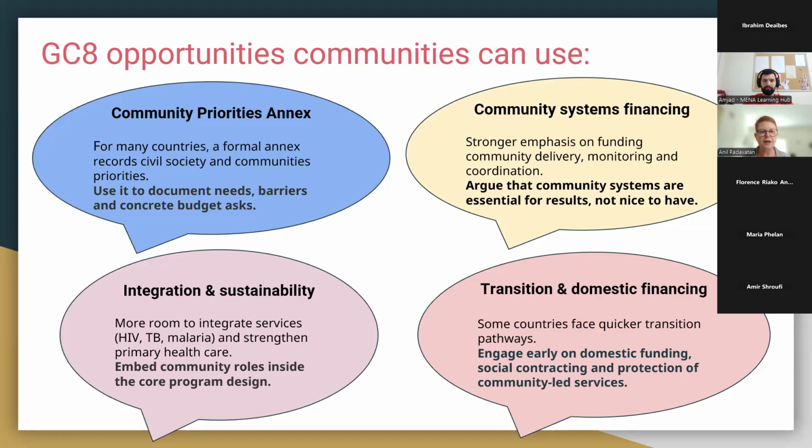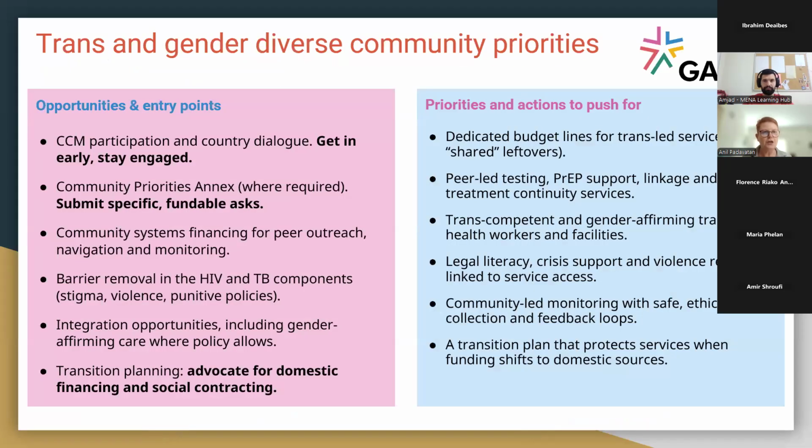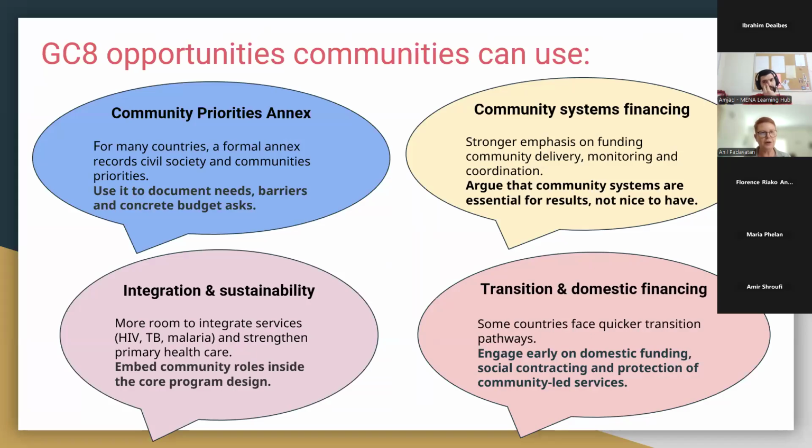And it will also, in some countries, require the repealing of criminalization legislation. And law and policy change, we know, takes time. It can sometimes take many years. So it's very important that we also look at other pathways for sustaining community systems, including social entrepreneurship and direct funding, especially in criminalized contexts.